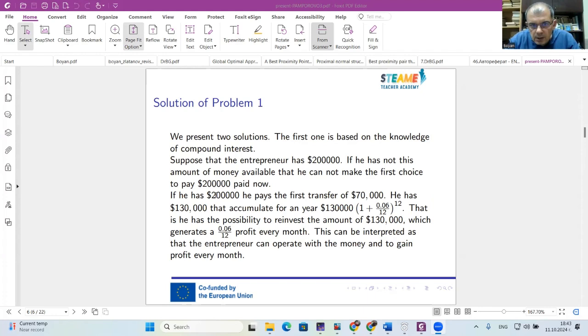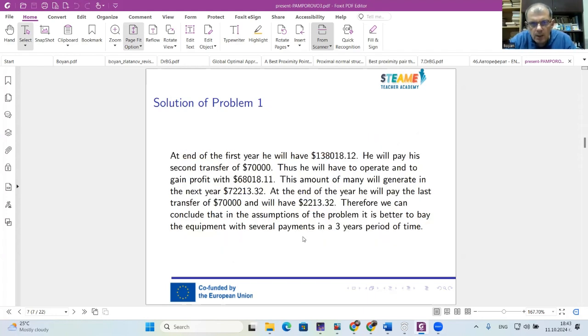The person has 200,000. He pays the first payment and he remains with 130,000. That will accumulate him some amount of money for 1 year. This amount of money will be equal to 138,000, and at the end of the first year, he has to withdraw 70,000 to pay the second transfer.